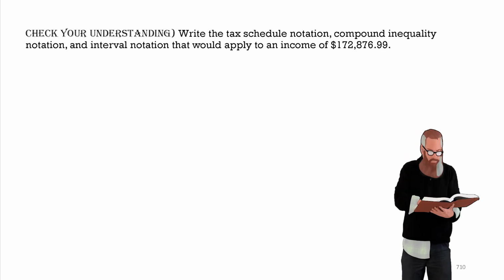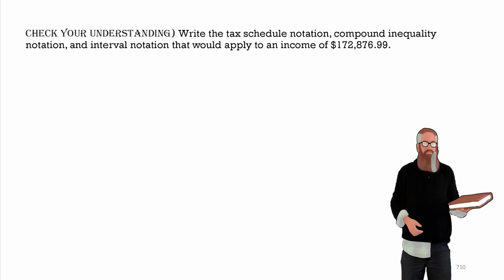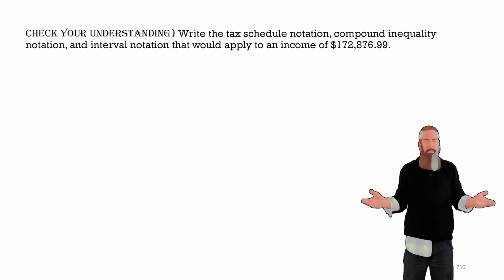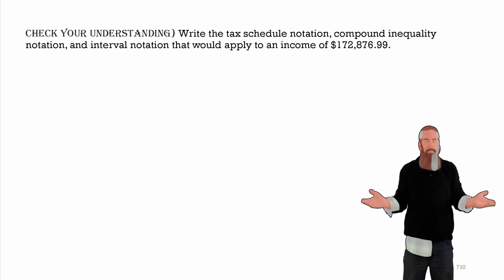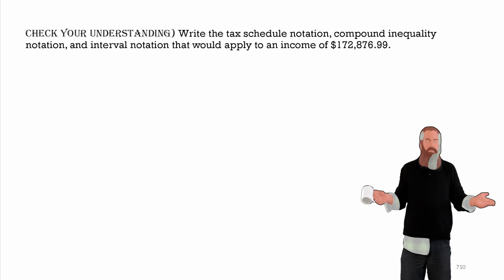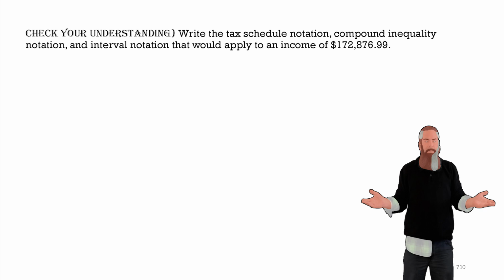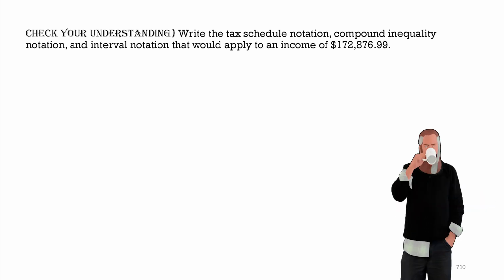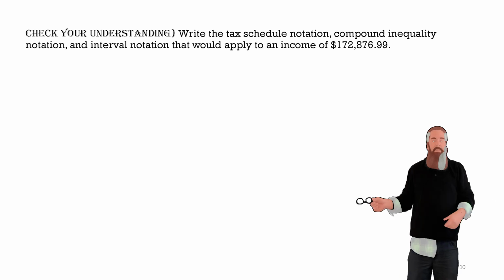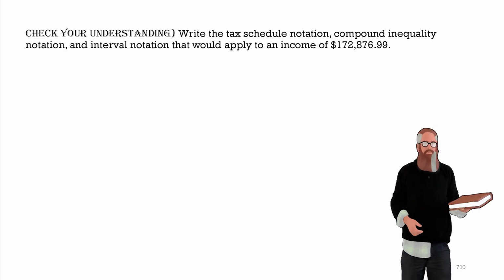This can be expressed as x is greater than $168,400 and x is less than or equal to $321,450, which can be expressed as a compound inequality: $168,400 < x ≤ $321,450.